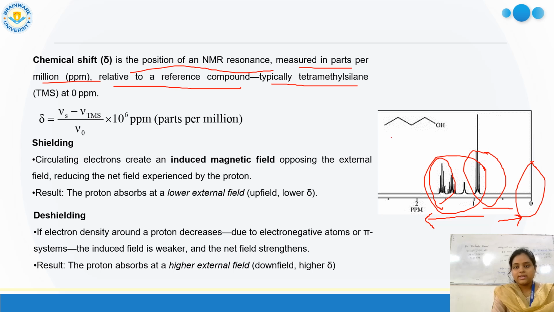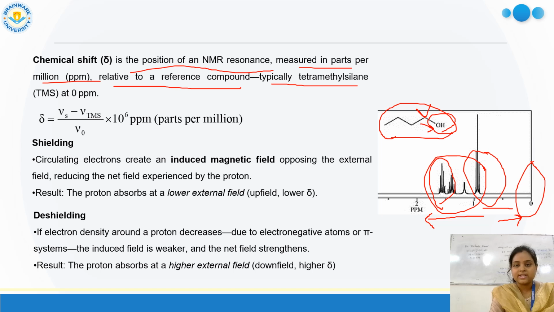So which protons in this compound will experience more external magnetic field or less external magnetic field? Suppose this proton here, the 2 protons, its neighboring atom is oxygen, which is a more electronegative atom, right? A more electronegative atom will attract the bonding electrons towards itself.